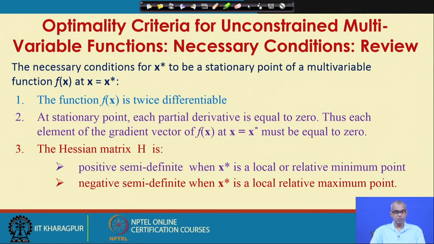So, the necessary conditions are del f del x equal to 0 for x equal to x 1, x 2, x 3 etcetera, and the Hessian matrix is positive semi definite for local minimum and the Hessian matrix is negative semi definite for local maximum.